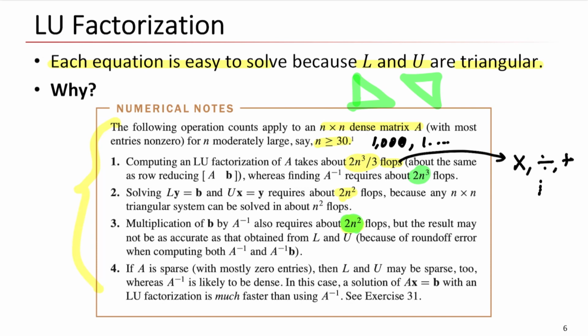The total operation is this one plus this one plus this one. Comparing those numbers of flops, we can say that by using the LU decomposition, we get better computational efficiency than A inverse times b.